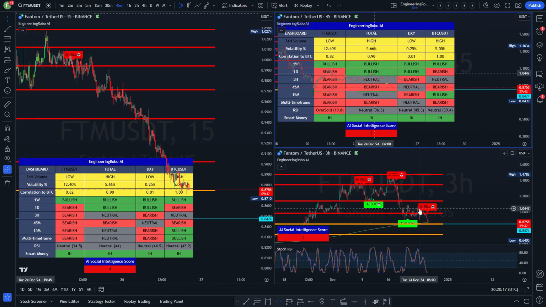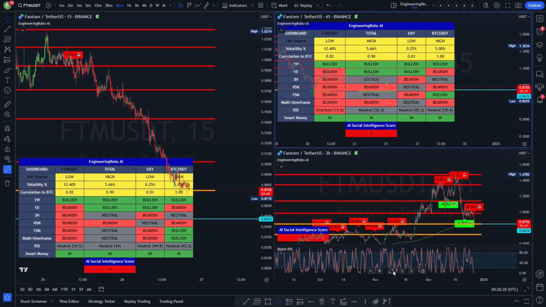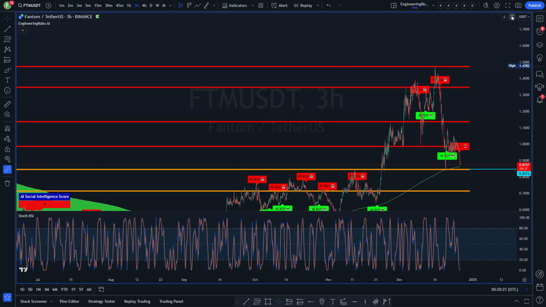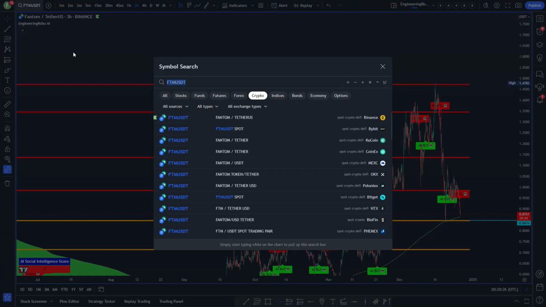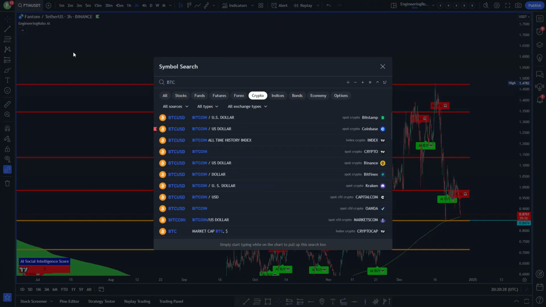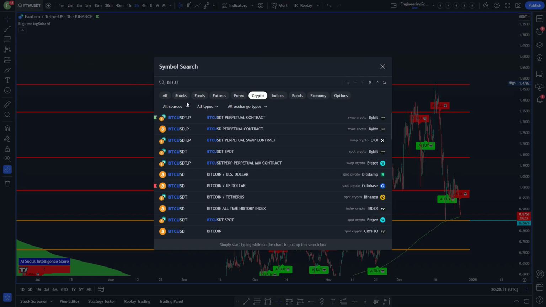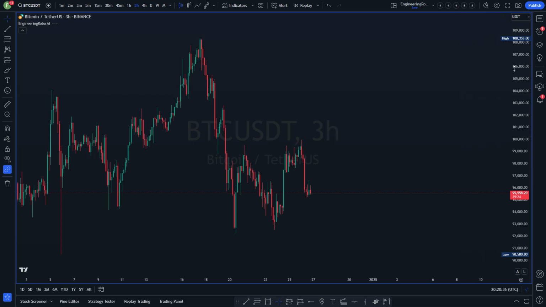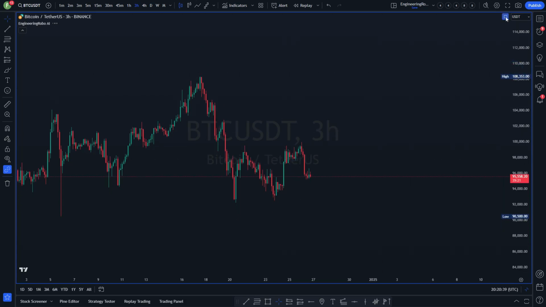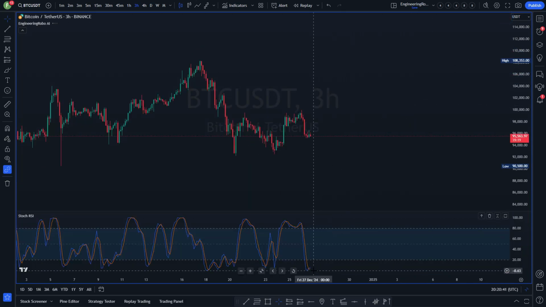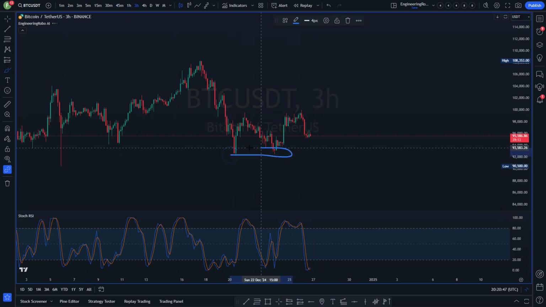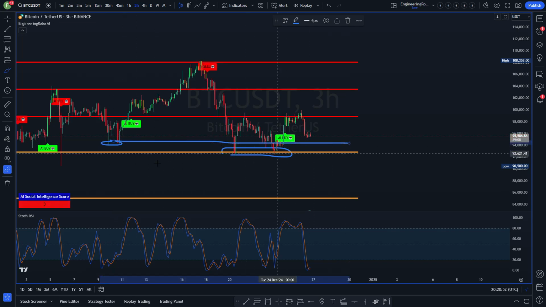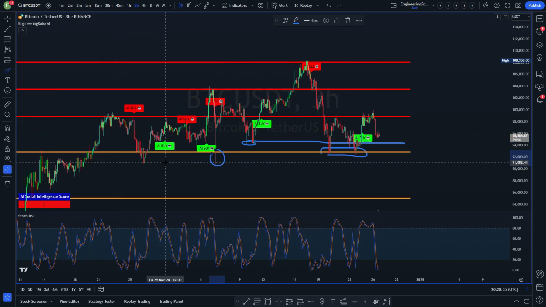There's one other thing that I would like to check, and that is finding out where Bitcoin is, because as we know, Bitcoin is where all the other altcoins take their lead from, and on the 3-hour that is turning up, so that's quite healthy as well. We've seen price action kind of stall around this area. That's good. It's just broken below that low, and we've seen a liquidity grab at the bottom here.